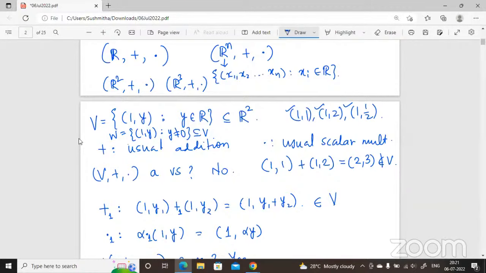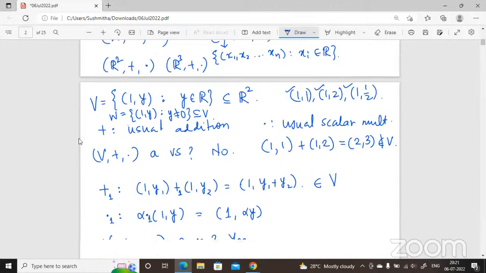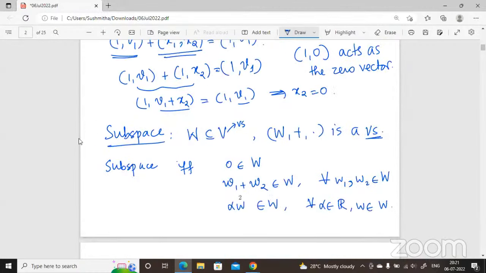Ma'am, why is it needed to check the (0, 0) vector or the other conditions? Because it is already a subset, no? No. It is a subspace if and only if these conditions are satisfied.